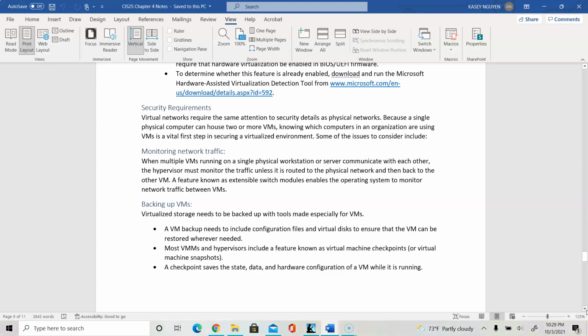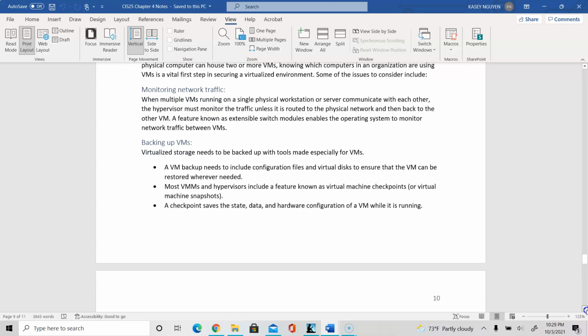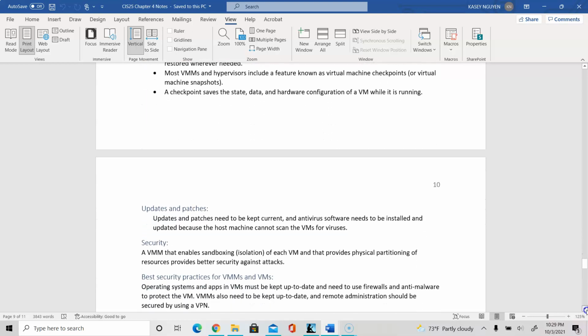And we also need to make sure that there's a backup in place for the virtual machine. So we would create an image that would be either the VDI or the VMX in the case of VMware, to be able to use that virtual machine in case something happens. So we can create a backup of the virtual machines.